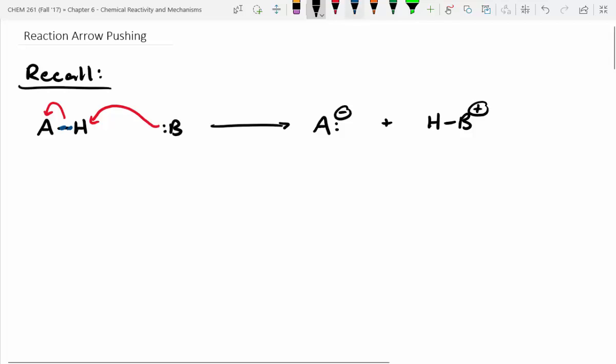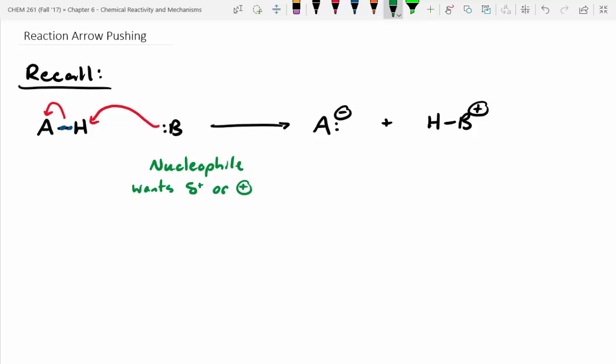A good thing to remember is that B is a Lewis base. It's donating electrons. Another way of describing this is that it is a nucleophile. And a good way of describing a nucleophile is it wants a partial positive or a full positive charge, right?